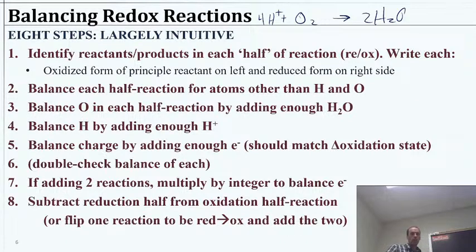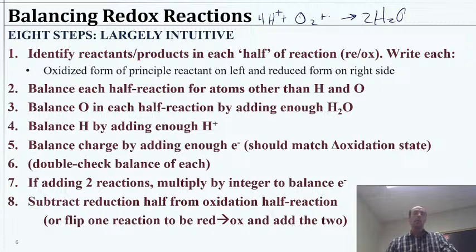Okay. Number 5 would then be balancing the charge by adding enough electrons to satisfy the charge. And what we should see is that the number of electrons should match the change in oxidation state that we saw. So in this little example that I've been working on up top, it's really the half reaction of oxygen as an oxidizer, reducing oxygen.